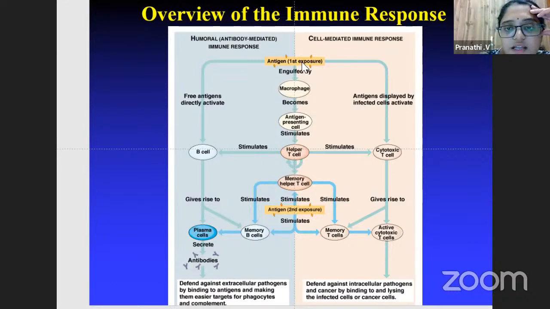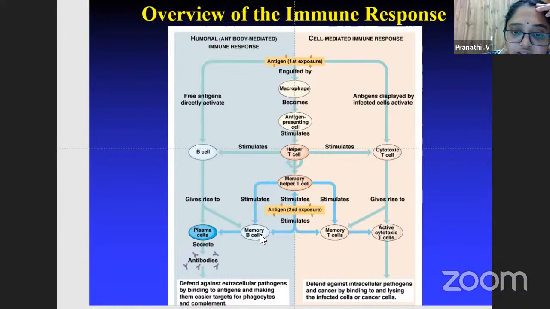So what is happening? First exposure of antigen. This antigen, a foreign particle, is going to be eaten away by your macrophage. Then this macrophage with the antigen becomes an APC, which is your antigen presenting cell. So this will call upon the helper T cell, which will stimulate the B cells as well as the cytotoxic T cells.